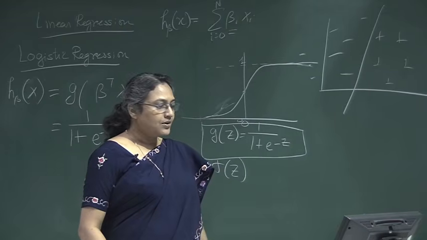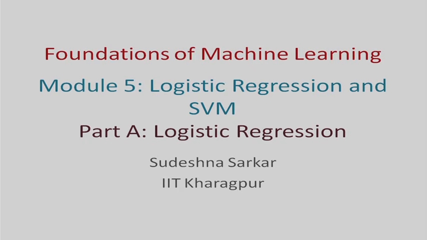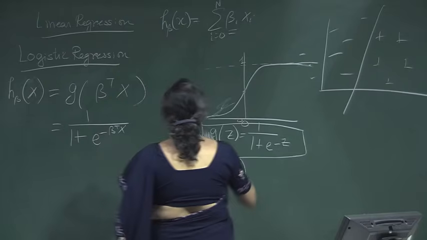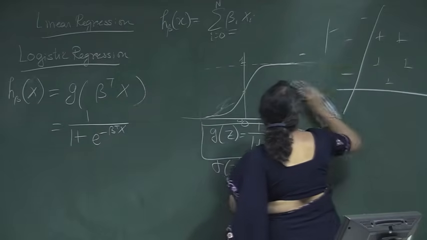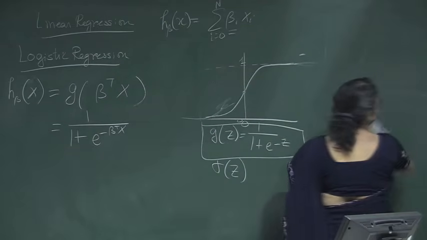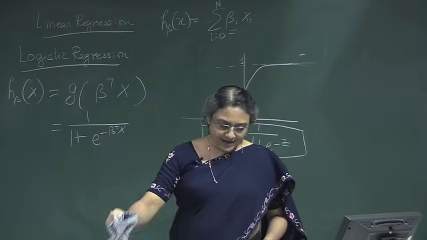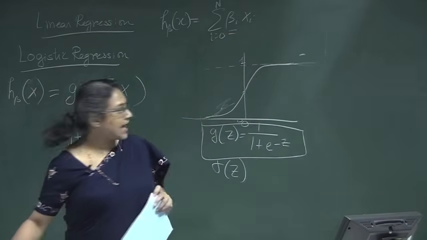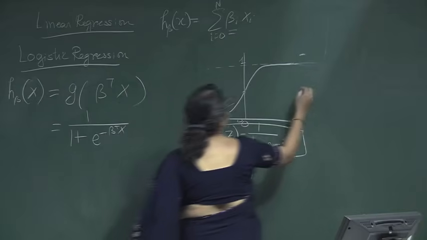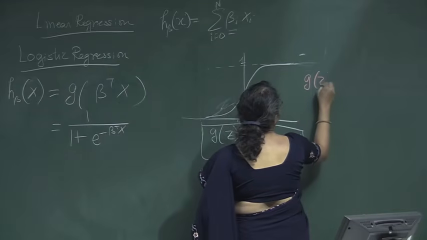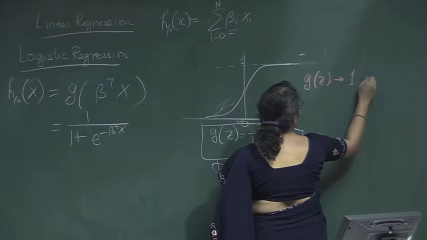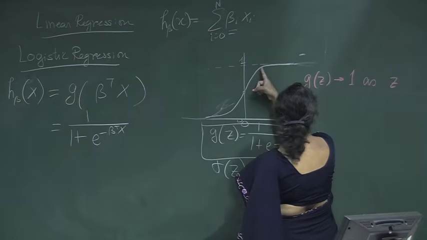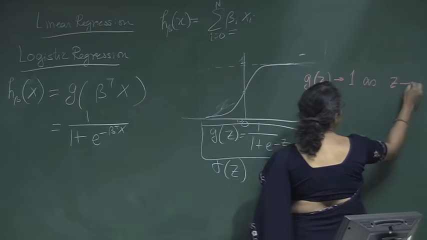Now, let us look at certain properties of this sigmoid function, which make it very attractive to use. As we have seen, g(z) tends to 1 as z grows; after some time it becomes 1 and asymptotically stays at 1.